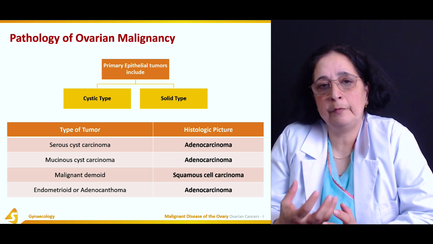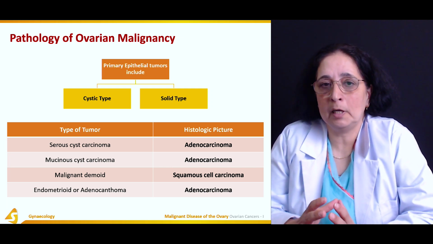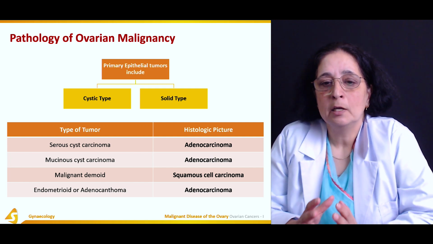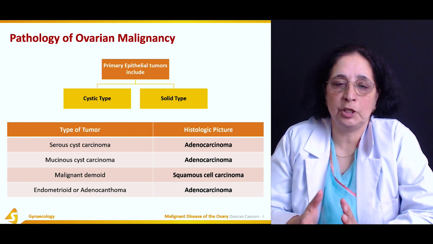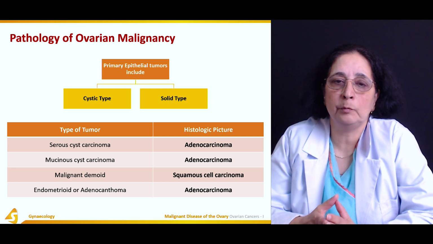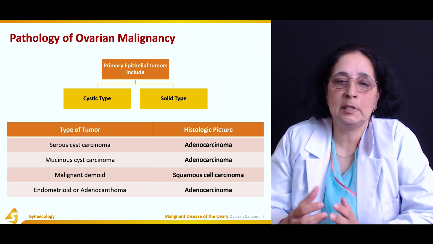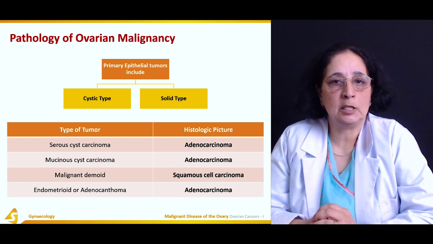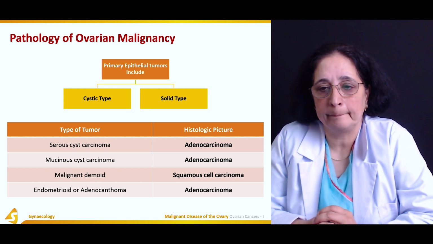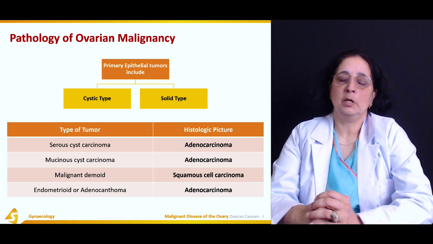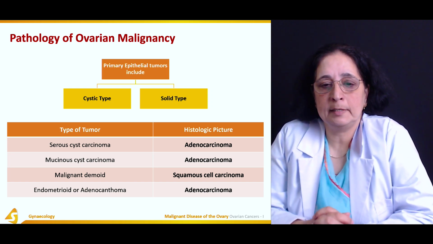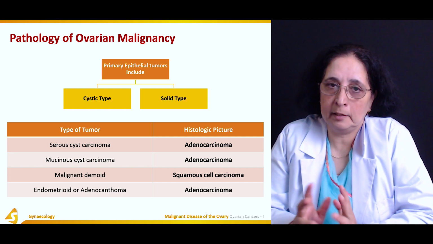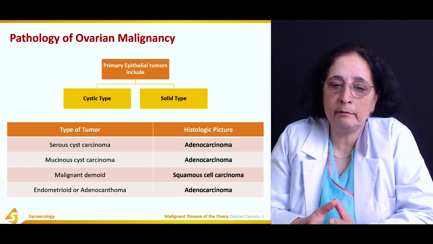Cystic tumors are fluid-filled sacs; they are not solid, they have fluid inside. Solid ones have no cavity or sac. That's the basic classification of the epithelial tumor. Among the types of epithelial tumor, serous is the most common, as we already went over.